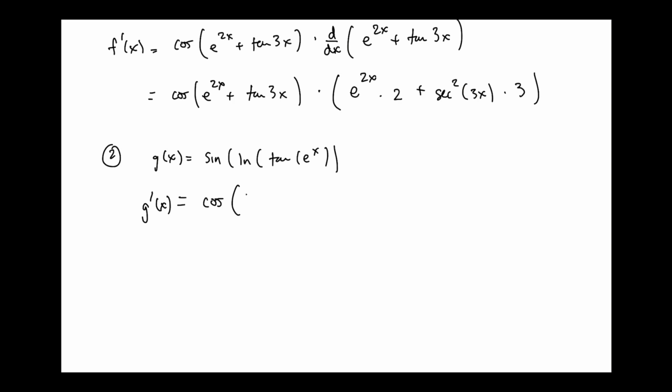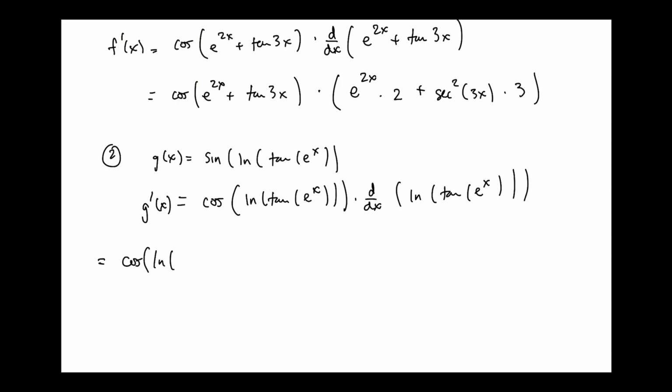Cosine of the stuff times the derivative of the stuff. Now we just have to keep going. So what's the derivative of natural log of some stuff? 1 over the stuff times the derivative of the stuff.